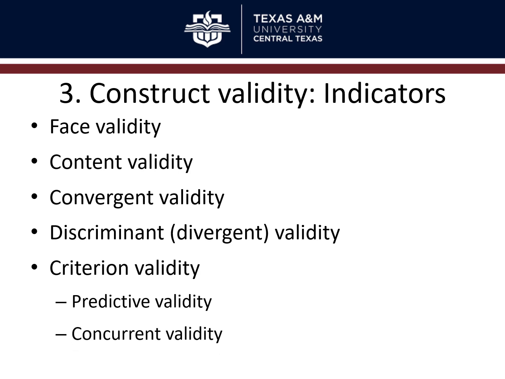Concurrent validity is very similar, just without having to wait. So I'm measuring this construct now and measuring this behavior now. If I have a measure of addictive personality, I say, fill out the measure of addictive personality, and then ask, how many DWIs have you had, or how many times have you tried to quit using a substance but failed?